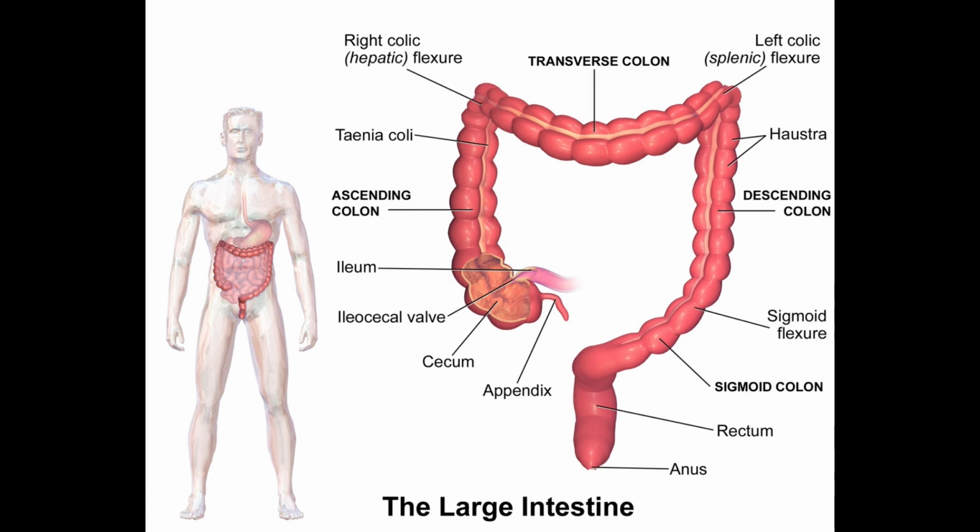By the time chyme reaches the colon proper, pretty much all of the nutrients and most of the water have already been absorbed. The large intestine absorbs whatever's left of most of the water, which turns the chyme eventually into feces and solidifies it. Much of what remains after the process of digestion is completed in the small intestine are indigestible parts of food, so that's dietary fiber.